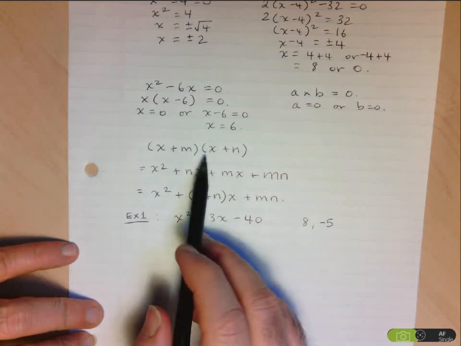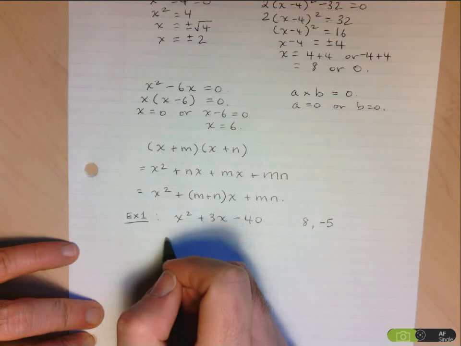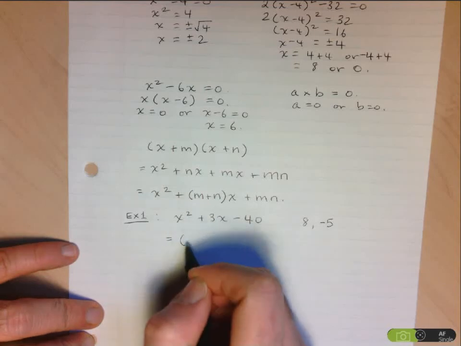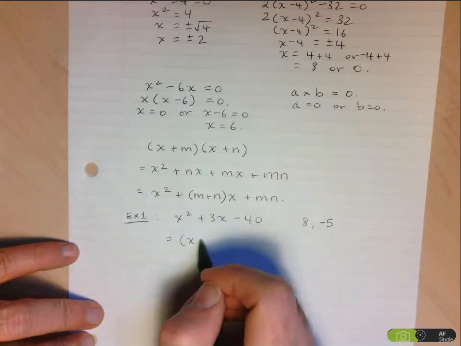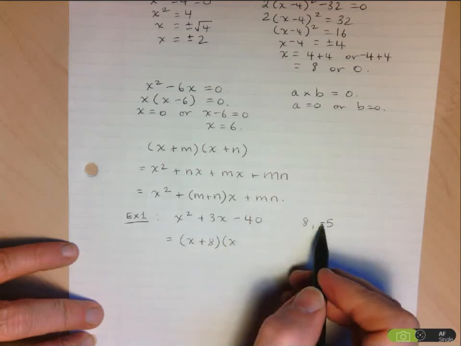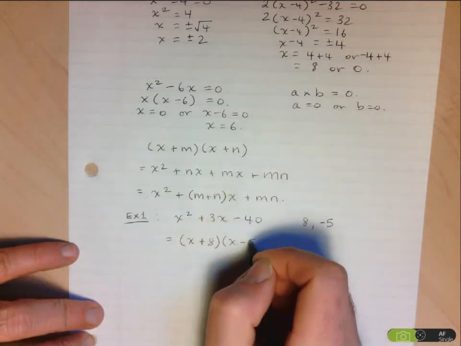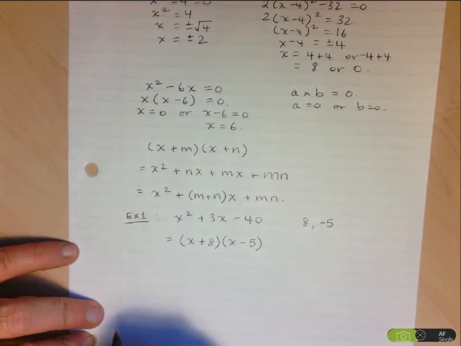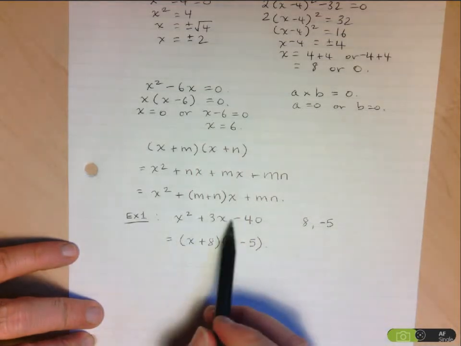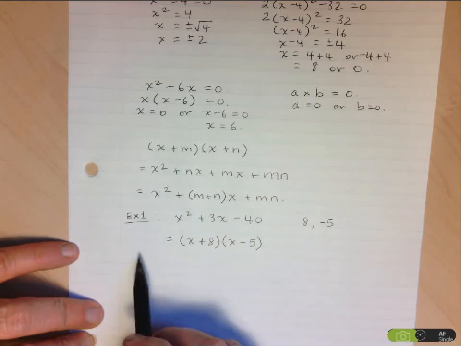So now we look at our original expression here, and we can say that this will factor into x plus 8 times x minus 5, because it's x plus negative 5, so x minus 5. And there we go. We've managed to write this second degree polynomial as the product of two first degree polynomials.